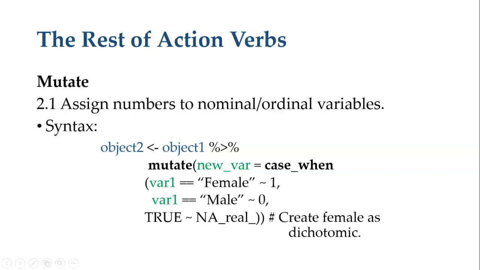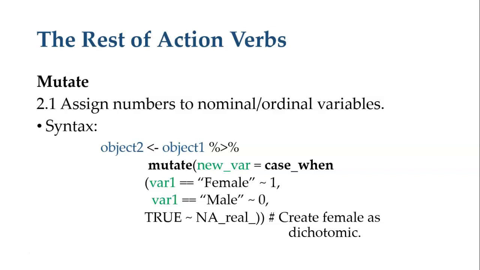So we use mutate and we say create a new variable, and that variable will take certain values when another variable has certain values, okay? In this case it takes the value of one when variable one takes the value of female. So remember that we want to convert a nominal variable into a numeric variable, right? And that nominal variable was, for instance, gender.